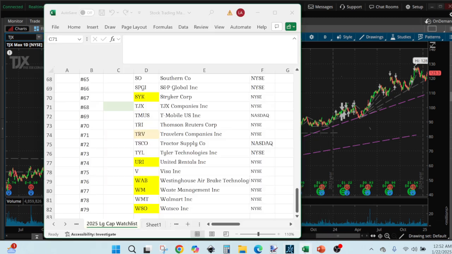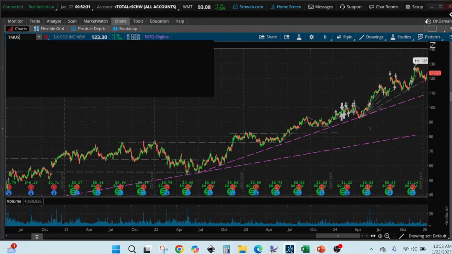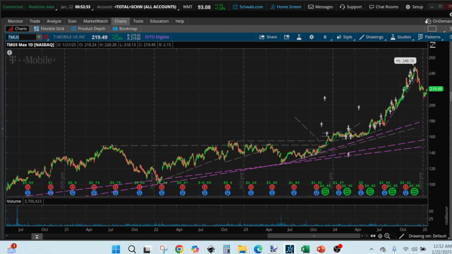The next one is TMUS. So TMUS, we have those three trend lines that we like to wait at, but right now it is far from it. It fell off of this trend line here and is going down.